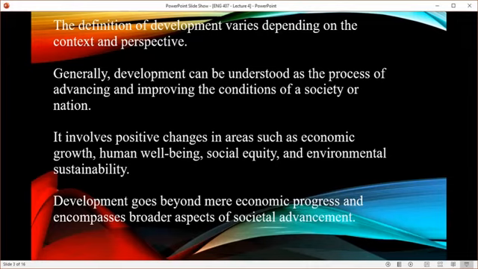So it is not only about economic growth, not only about economic progress, not only that a country has millions or billions of dollars in its reserve, or is operating the best economy across the globe or across a particular bloc, whether in Africa or in Europe. That is not enough.